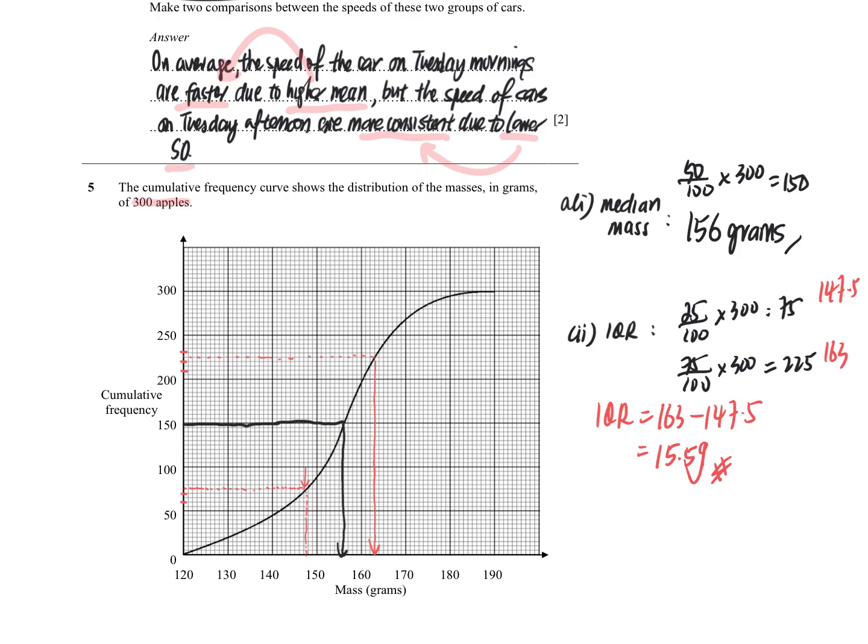Yeah, 15.5. Then part 3, they say, I want 20% of the apples to be heavier than X grams. So when we talk about heavier, it must be the top 20%. Because all this means it weighs less than or equals to. So if it's heavier, we are talking about the top part.